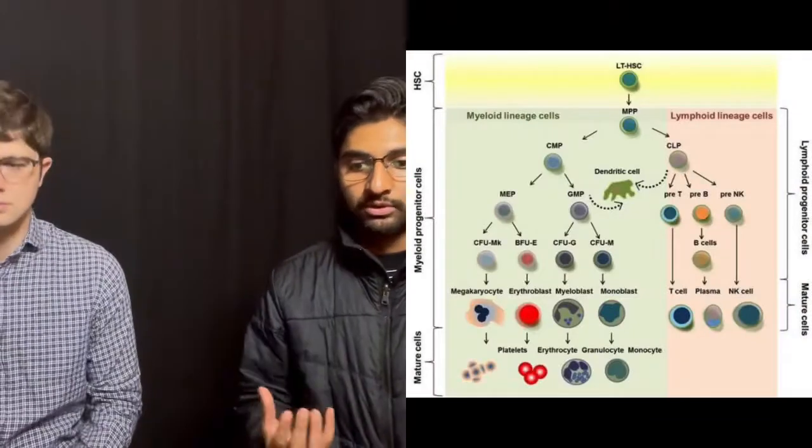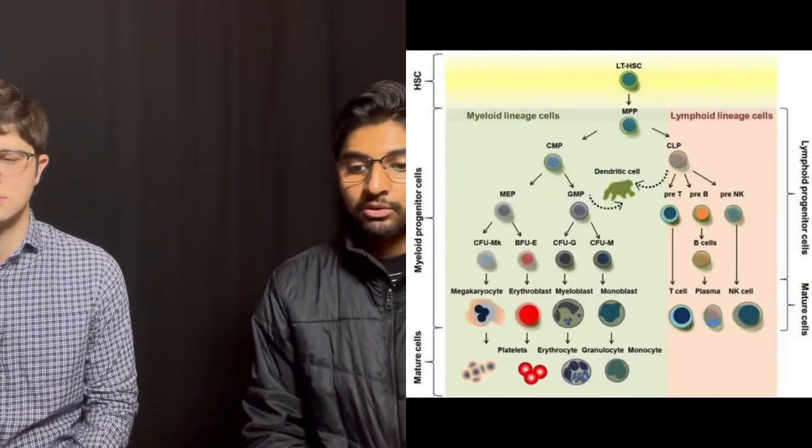But a lot of the past studies used bone marrow MSCs, which I think is a good little bridge into what HSCs are and how they differ from MSCs. So HSCs, like we mentioned in the beginning, are your hematopoietic stem cells, and they're responsible for your lymphoid and your myeloid cells.